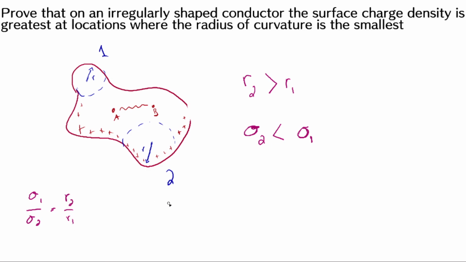So 100 divided by 5 is equal to sigma 1 over sigma 2. If we want this side to be the same as this side, then sigma 2 will be smaller than sigma 1. So if sigma 2 is 5, then sigma 1 would have to be 100. So this is just proving that on an irregularly shaped conductor, the surface charge density is greatest at locations where the radius of curvature is the smallest.